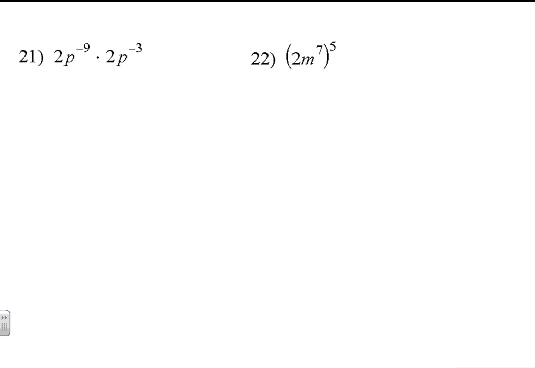Here we've got some negative exponents again. So forget about the bigness of this, just 2 times 2, either 2 to the 2nd or 4. How many p's? -9 and -3. P to the -12th. And at this point, if we stop, it's typically going to be counted wrong because normally we do not want to end with negative exponents unless we're working with scientific notation, and we're not.